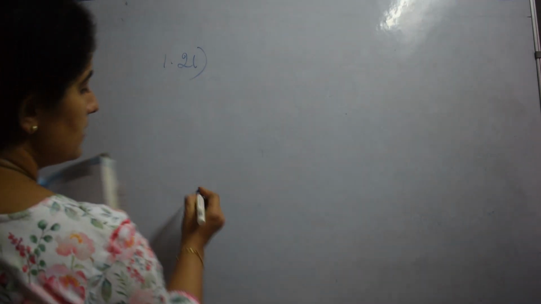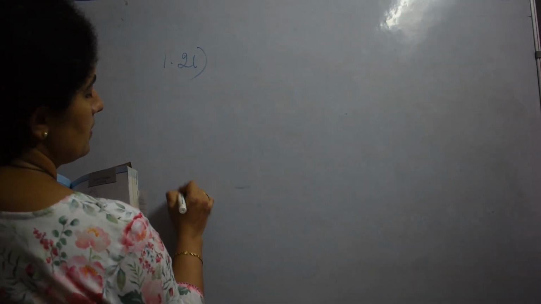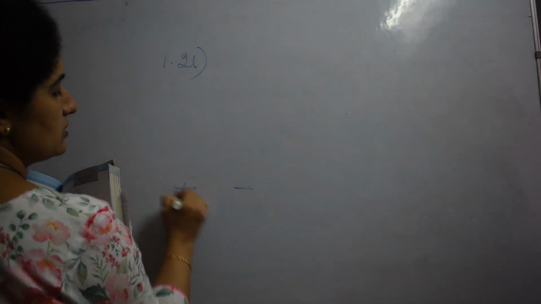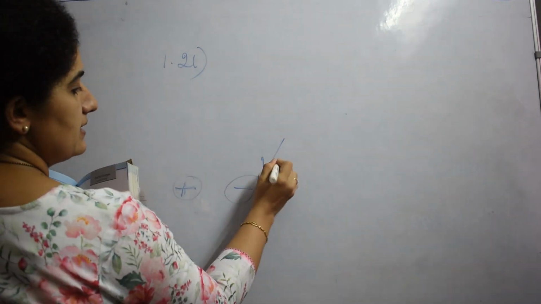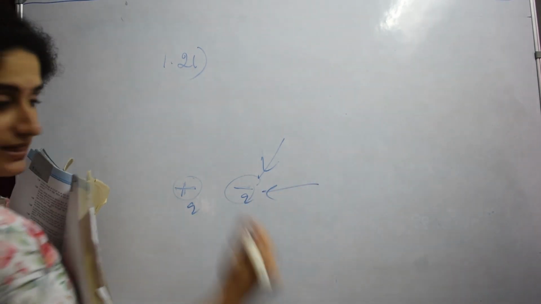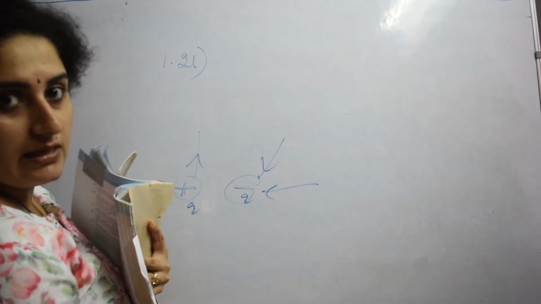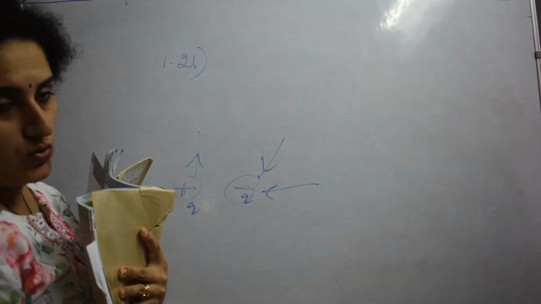Radially inwards, remember, plus charge and minus charge, positive and negative charges. If the charge is minus, electric field is pointing inwards. This I have explained. If the charge is plus, electric field is pointing outwards.